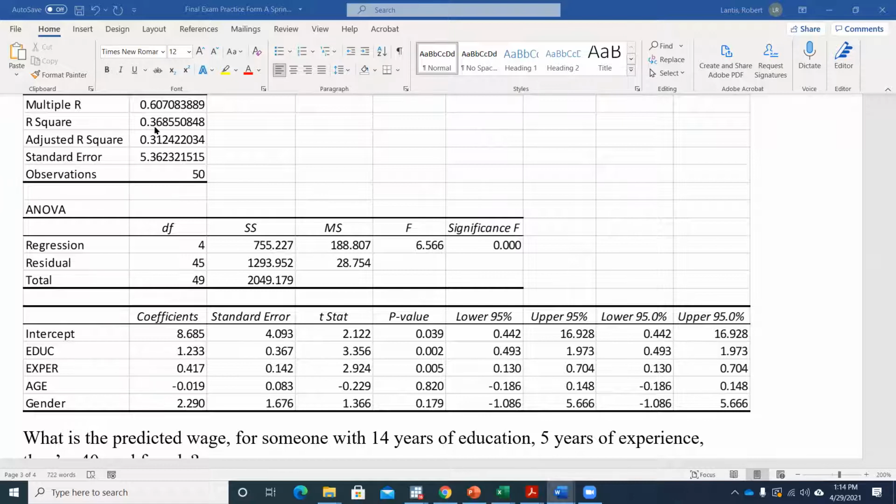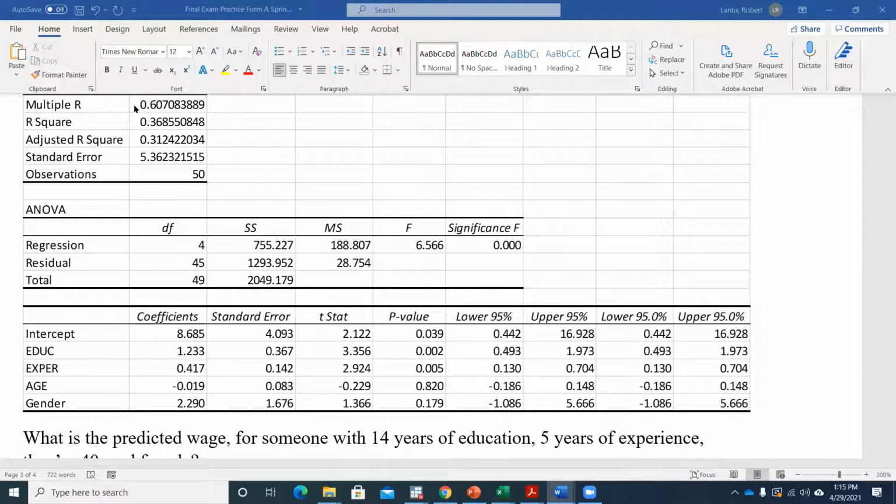If the proportion I'm explaining in the Y variable is 0.37, we'll call it, then the proportion that I'm not explaining would just be 1 minus that, right? 0.64, so 64% of the variation is still left unexplained. I'm explaining about 36%, so about 64% is left unexplained, right?